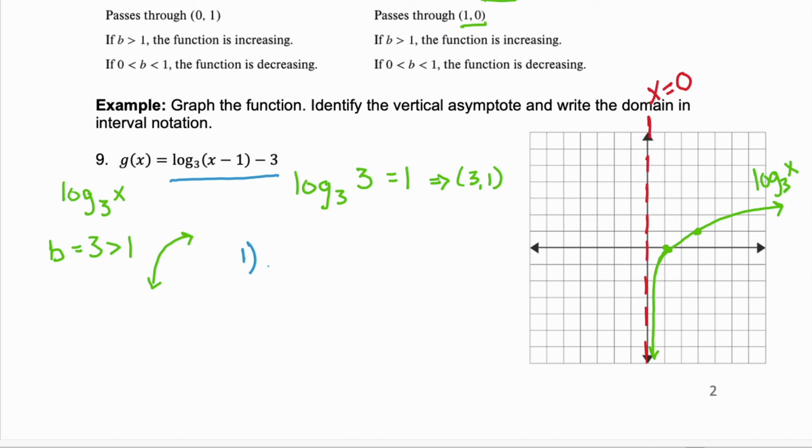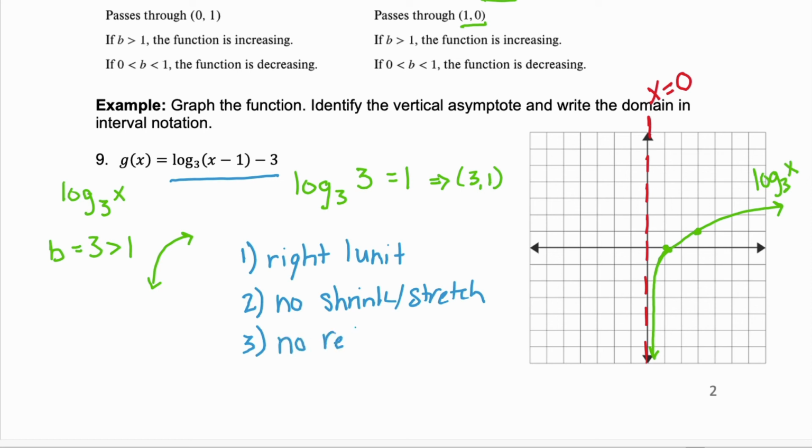This -1 inside tells us that we're going to go right 1 unit. Next, you're looking for those shrinks or stretches. Are you multiplying by anything? We're not, so there's no shrink or stretch. Third, remember, is to look for a reflection. Are you multiplying by a negative? We are not here, so there's no reflection.